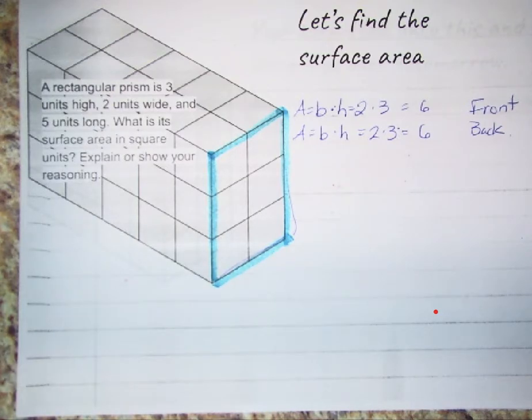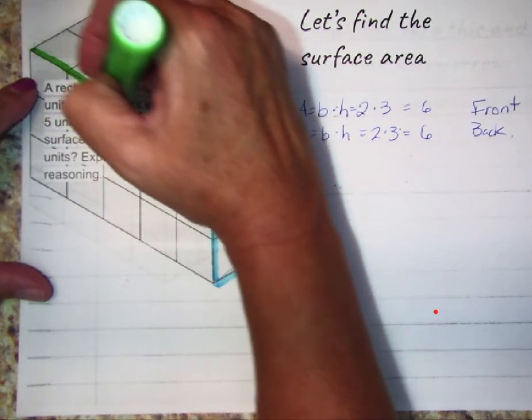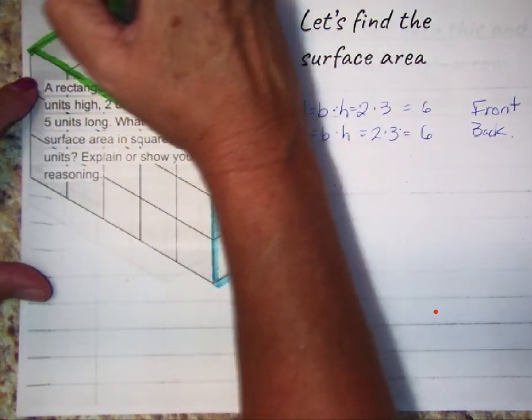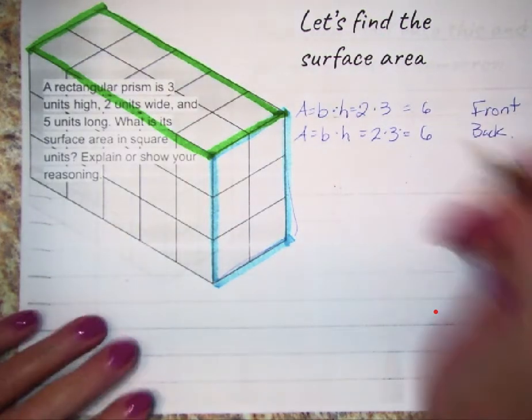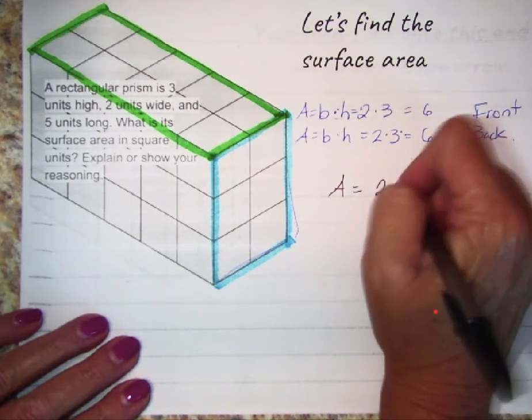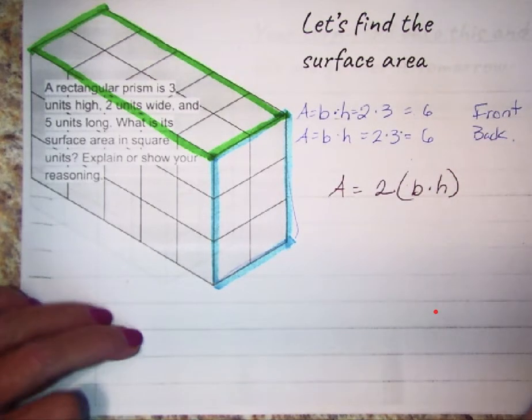So let's look at top and bottom. I've got 2 of them. So area equals 2 times base times height. Can I simplify things?